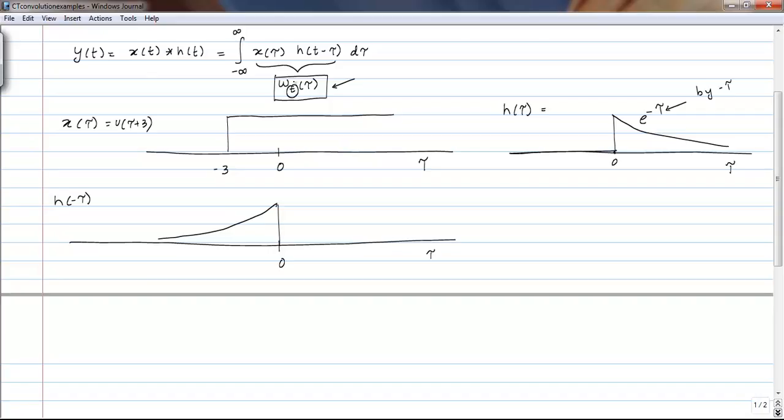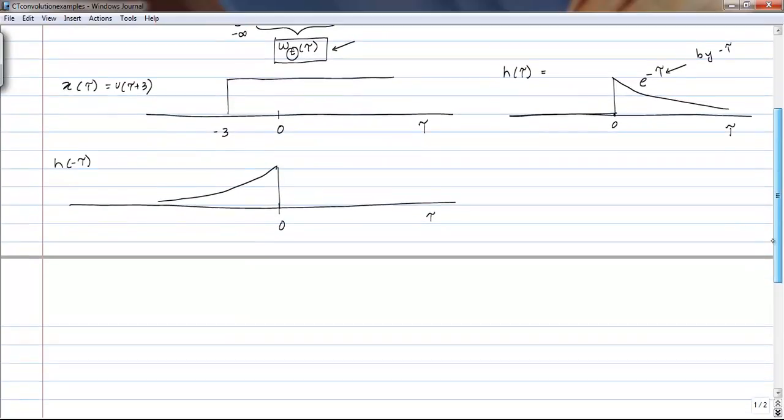So one of the important things is to be able to figure out for what ranges of t the expression for w of tau will look the same, and try to compute y of t over these different ranges separately. Okay, I'll illustrate this with an example.